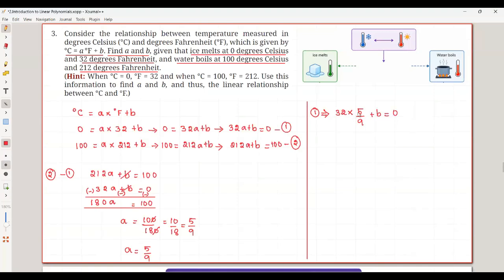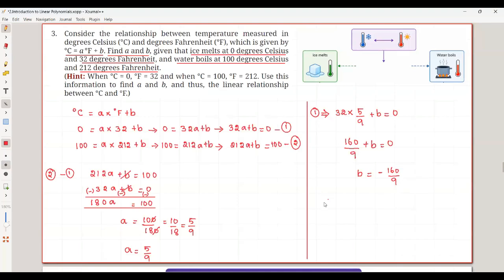We are not able to cancel, so just multiply it. 32 into 5 will be 160, right? 160 divided by 9 plus B is equal to 0. Now B is equal to, taking 160 by 9 to this side, minus 160 by 9. This is the B value. More than this, we cannot simplify.